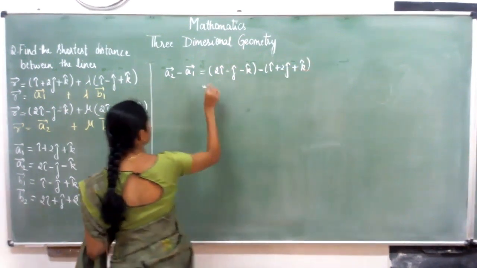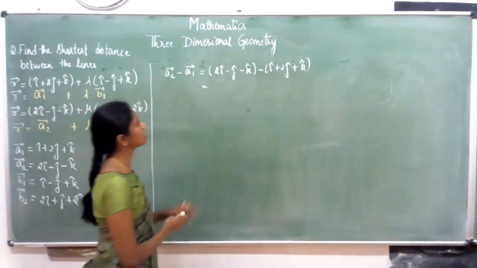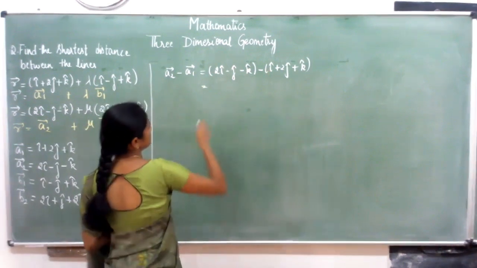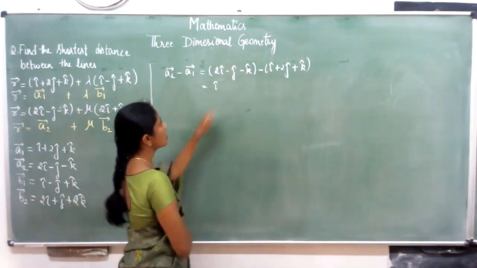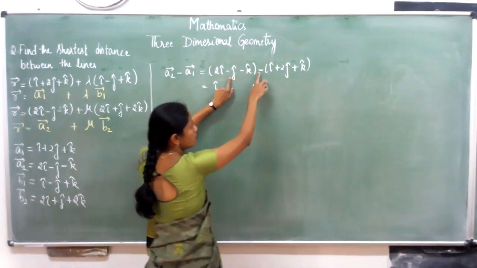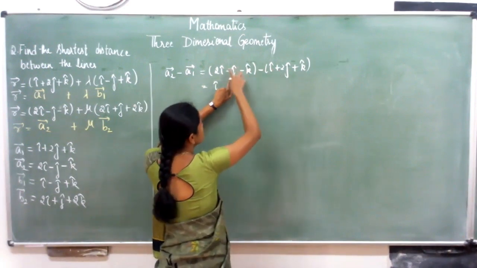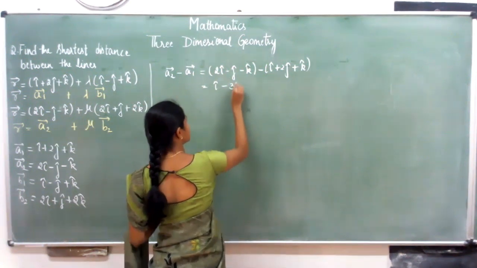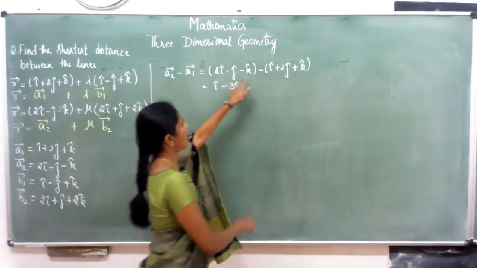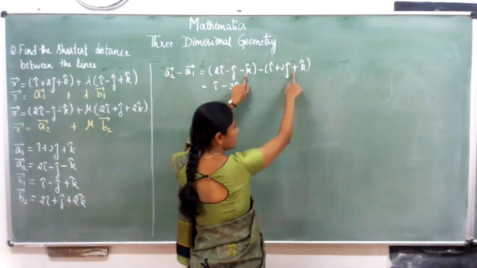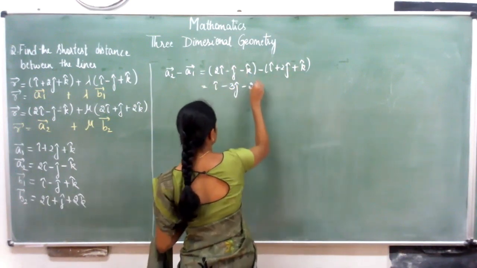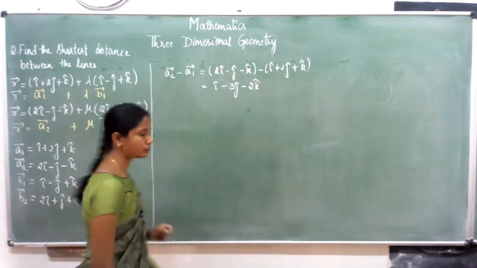Now subtracting the two vectors: 2i cap minus 1i cap, that is i cap. Next, minus j cap minus 2j cap, that is minus 3j cap. Next, minus k cap minus k cap, that is minus 2k cap.